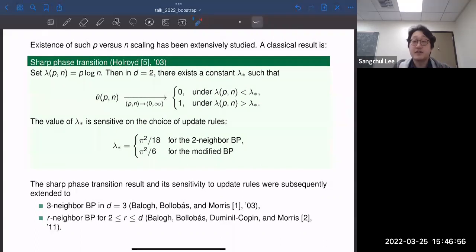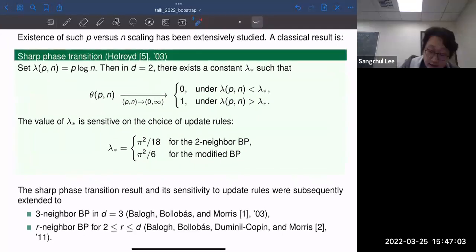For example, a classical result of this kind is the sharp phase transition result proved by Holroyd in 2003, which tells us that if lambda as a function of p and n is given by p times log n, in other words, if I relate n and p by the relation that n is e to the lambda over p, then in dimension 2 there is a constant lambda star, finite and positive, such that the probability of full occupancy converges to 0 if lambda is kept under that constant as p goes to 0 and n goes to infinity, and it converges to 1 if lambda is kept above that constant lambda star.